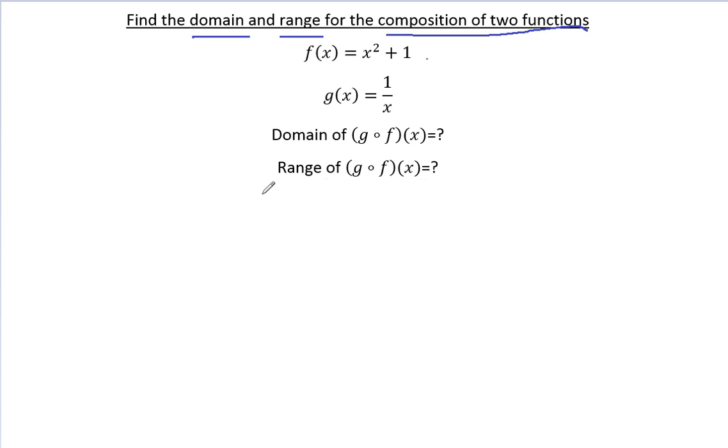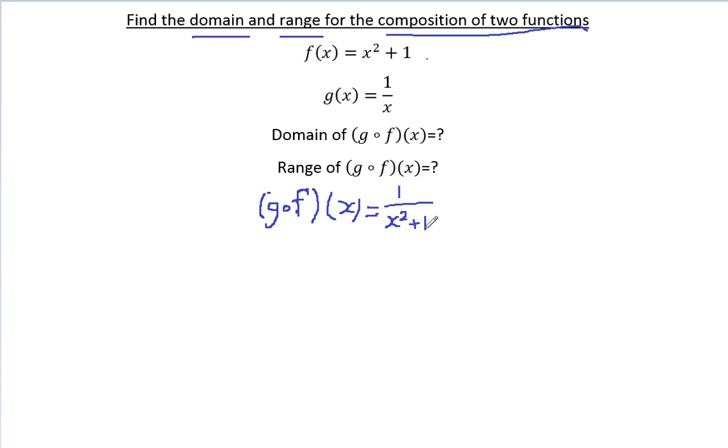In our previous video, we found that g(f(x)) is given by the formula 1 over x squared plus 1.